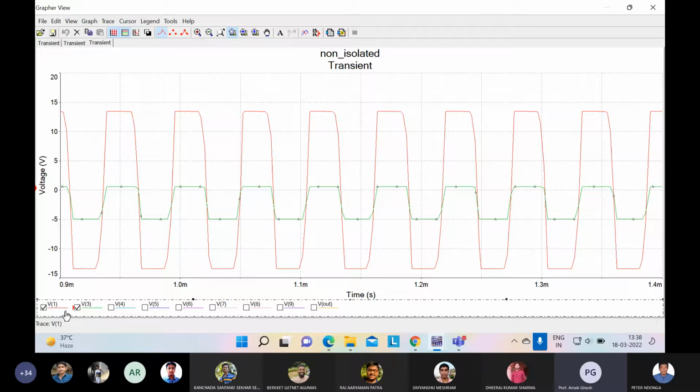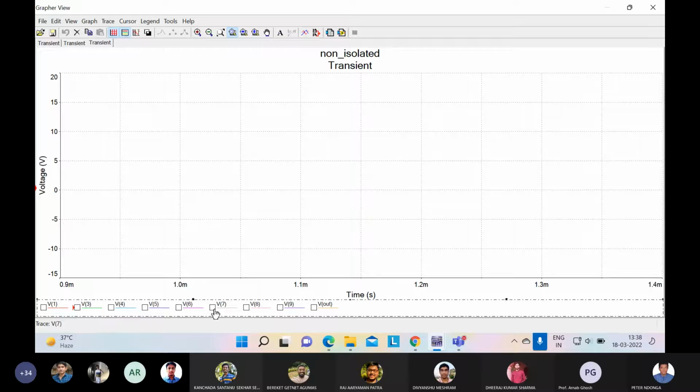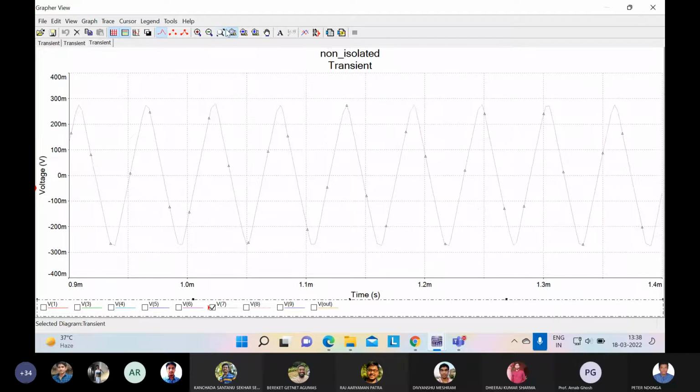What is this? So this one, sorry, let me select all of them. What is this waveform? Let me start with the output, sir.